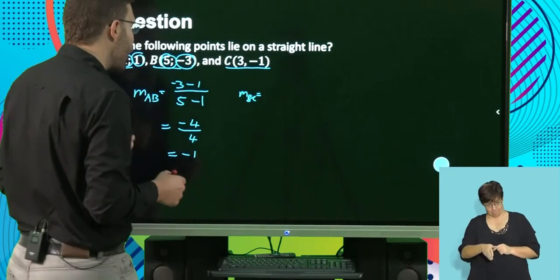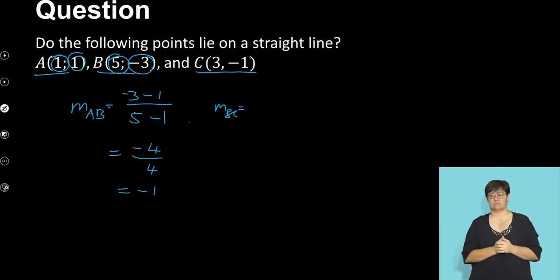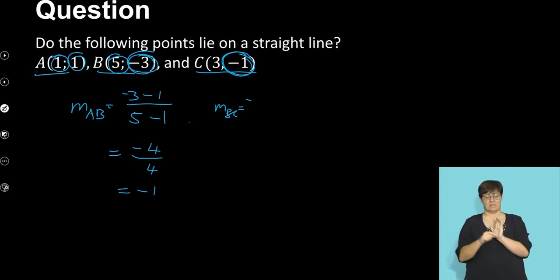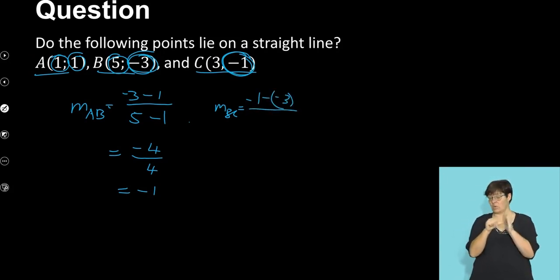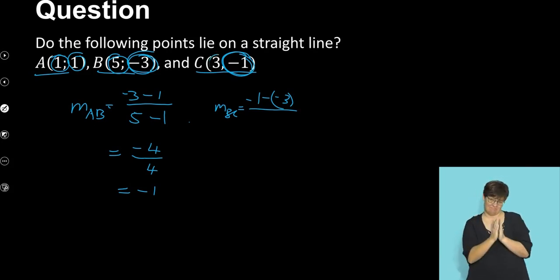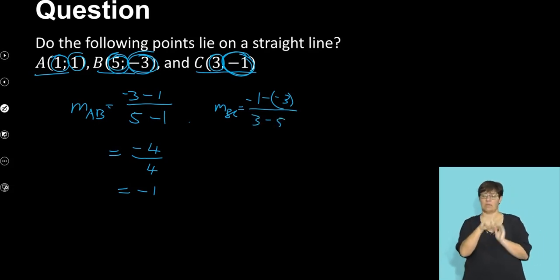Now, let's look at the gradient of the second one. I'm going to go the y value of the second point minus the y value of the first point. So it's going to be minus 1 minus 3. Again, crucial: if I'm subtracting a negative value, I'm going to put that in brackets. And then I'm going to go the x value minus the x value, 3 minus 5.